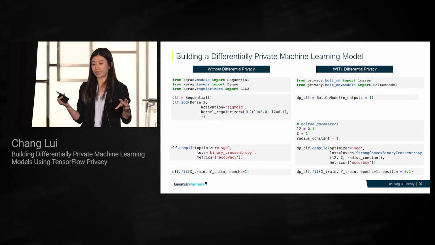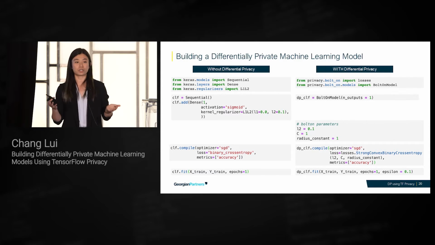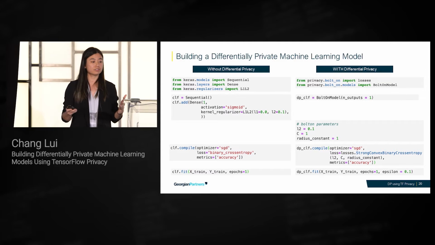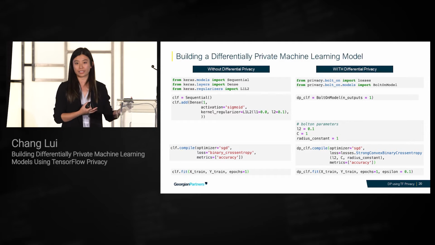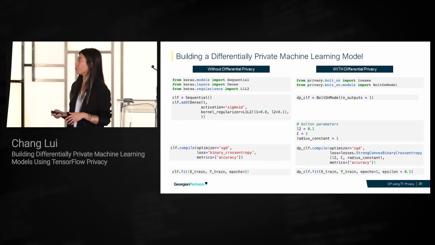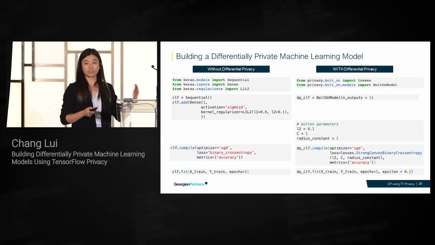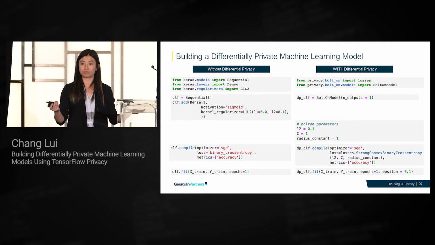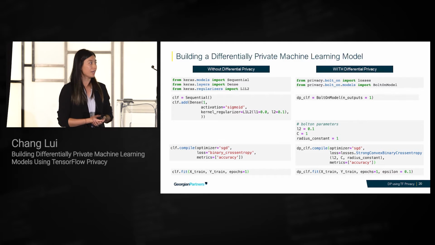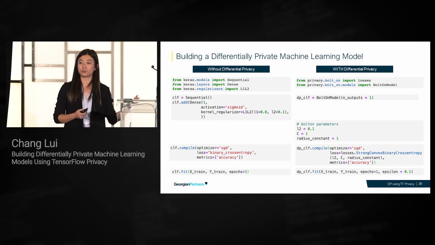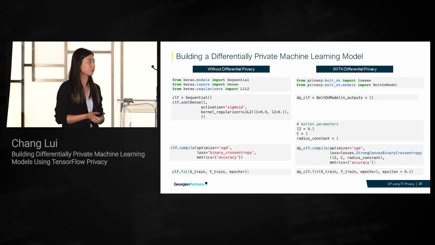All right, so how do we use it? The bolt-on sub-package is really just a wrapper around Keras. When you're building a Keras model, for example, you can import the bolt-on models. You can declare a classifier just as a bolt-on model, and you just specify a few privacy parameters.